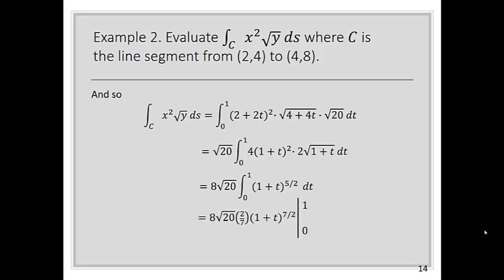So we add 1 to the exponent, divide by the new exponent, and then evaluate from 0 to 1. And our final answer is 16 times the square root of 20 divided by 7 times (2 to the 7 halves minus 1). Great, and recall, since our function is positive, we can interpret this number as an area, the area above that line segment and below the function.